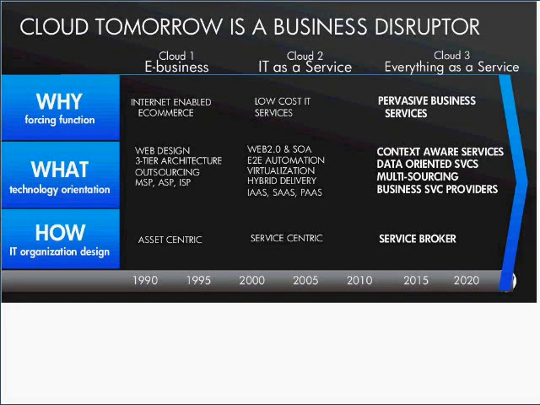But what we're doing is architecting what we believe to be the best cloud utility offerings, and we will be implementing those in existing centers where it makes sense.